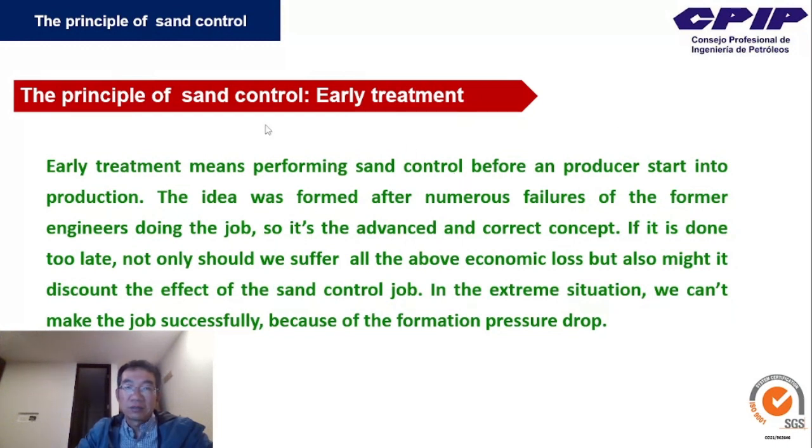The idea was formed after numerous failures of former engineering, so it's an advanced and correct conception. If it is done too late, not only do we suffer all the above economic loss, but it might also discount the effect of the sand control job. In the extreme situation, we can't make the job succeed because of the formation pressure drop.